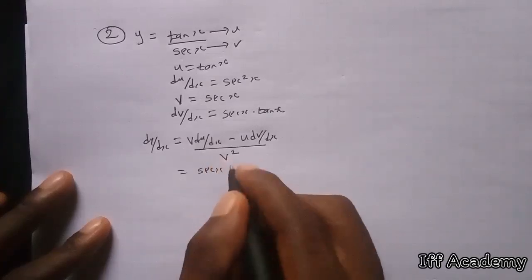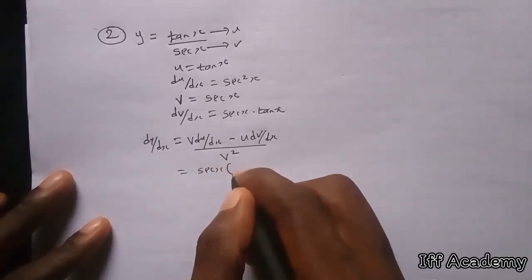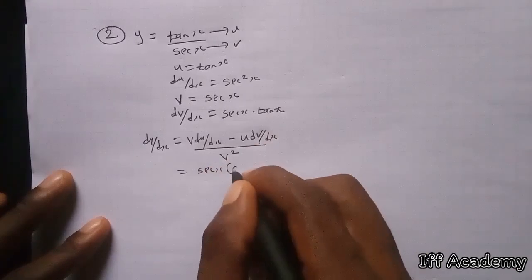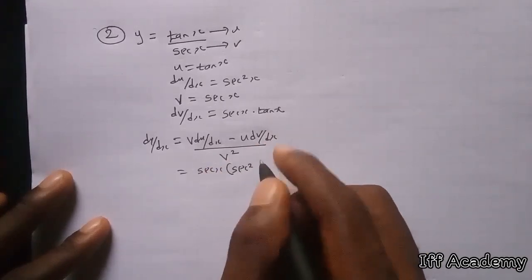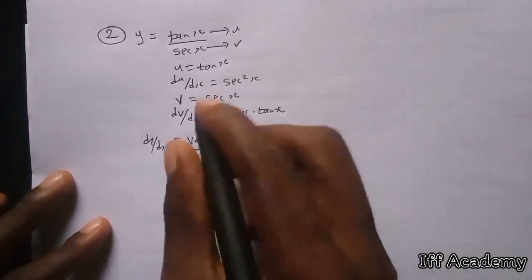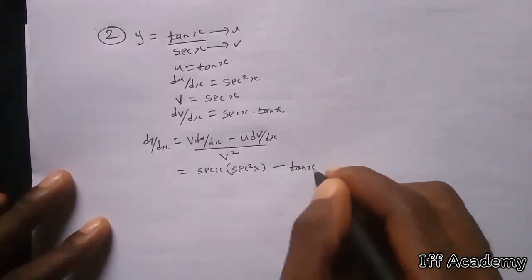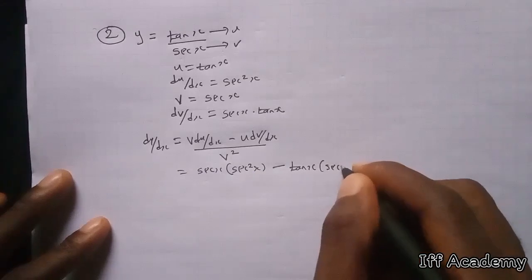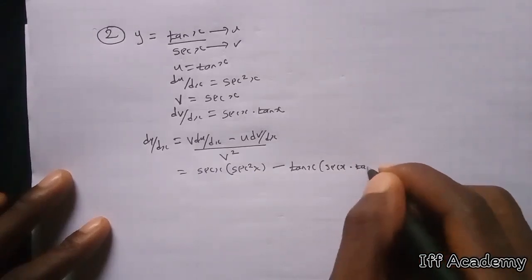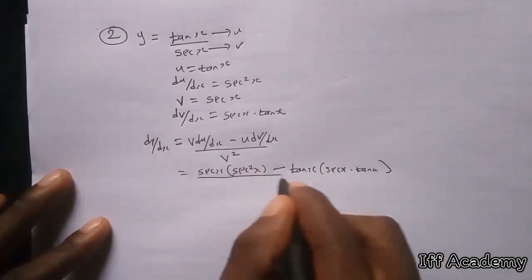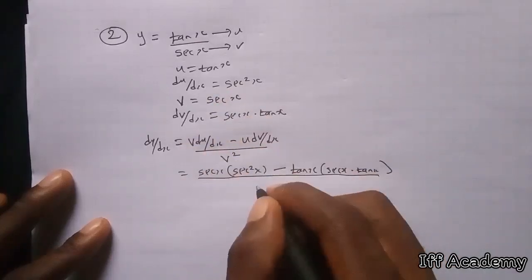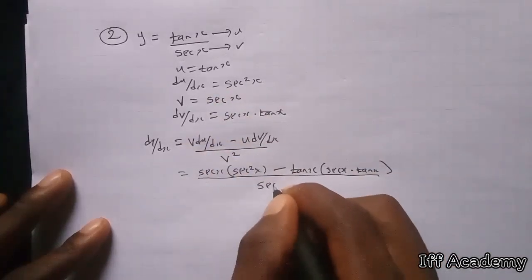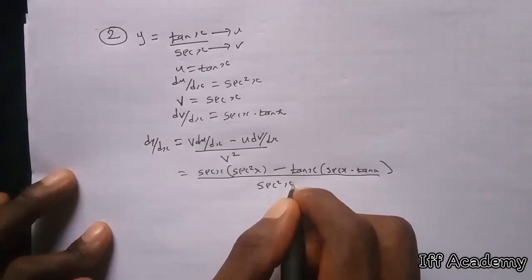So what's your v? Sec x. What's your du over dx? Du over dx is sec square x minus what's u? Tan x. And what is dv over dx? Sec x tan x. And your v is sec x. So what does your v square become? Sec square x. Right.